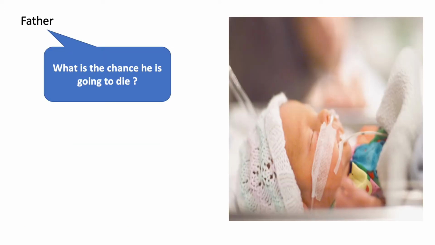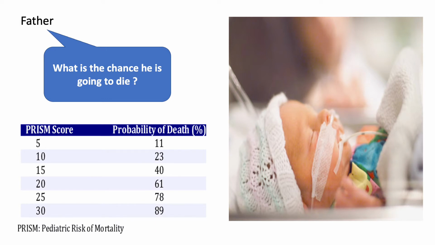One day I admitted an infant with severe respiratory failure that required invasive ventilation. The father asked me a probability question. What is the chance he is going to die? It is a very difficult question when it comes to life and death, but we may use a score called the PRISM score to estimate the probability of death, which is calculated based on multiple clinical parameters in the first few hours of admission.